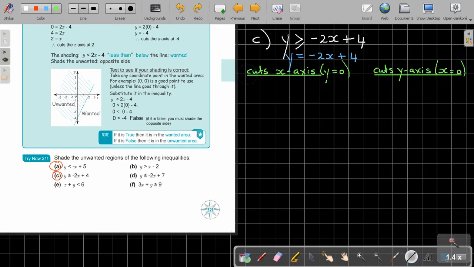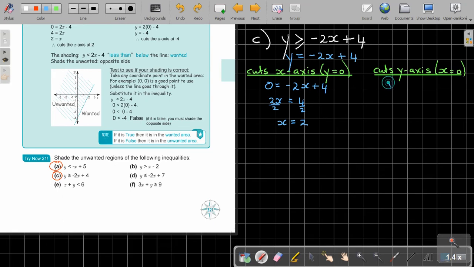So if I'm going to look at this, then I'm just going to say, okay, the first thing is going to be just to draw the line. So I substitute in the place of y a 0. So 2x is equal to 4, I divide by 2, the value of x is equal to 2.